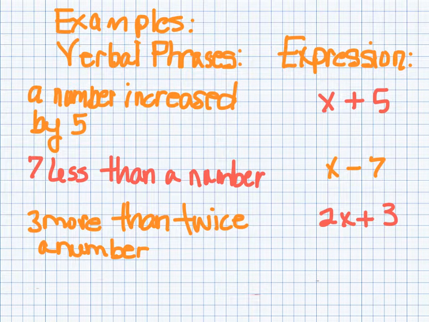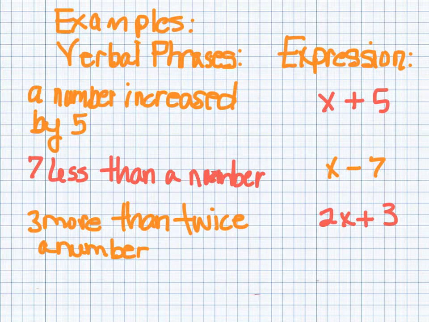So let's go through how these verbal phrases actually translate into something. If it says a number increased by 5, that means we have x plus 5. So a number is x. Increased is addition by 5. 7 less than a number.